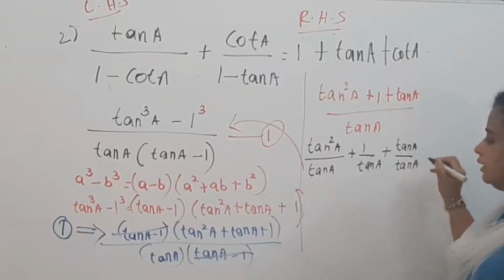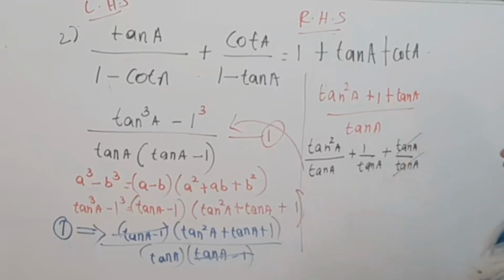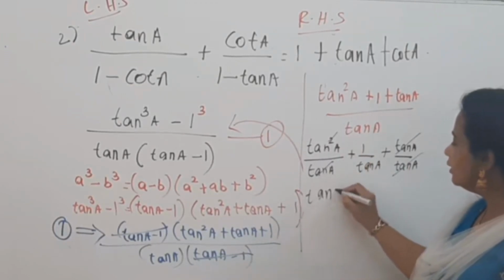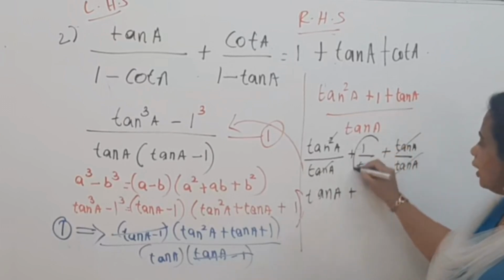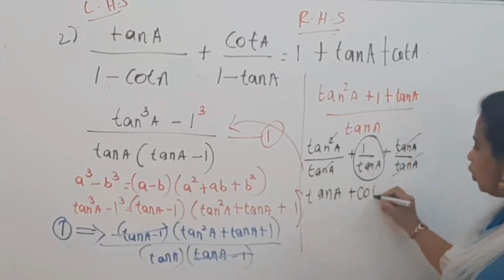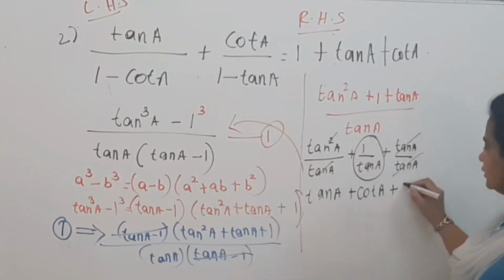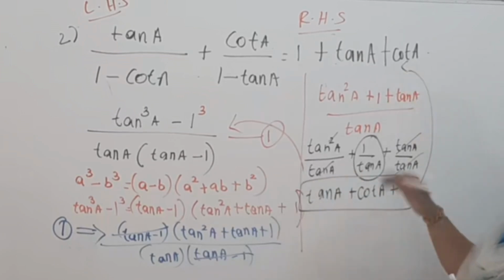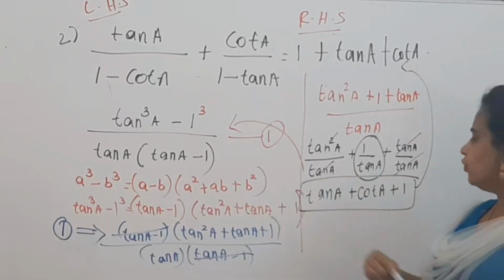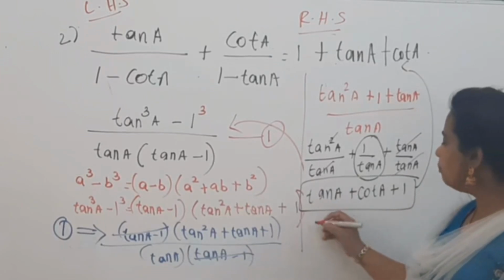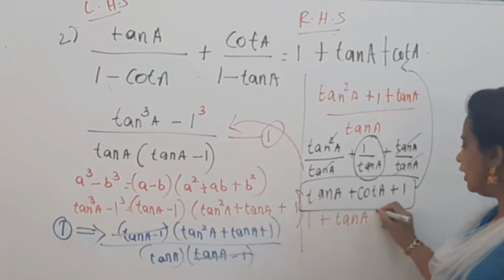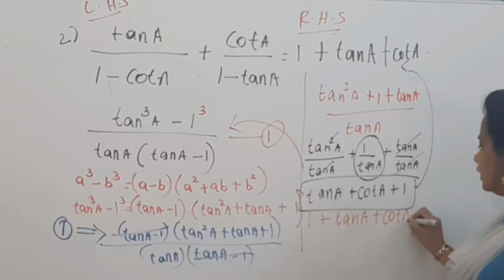Hope you get the point here. This gets cancelled. This gets cancelled. So I have tan a plus, 1 by tan a is nothing but cot a, plus this becomes 1. You can see here the same thing, just the order is reversed. So I can have 1 plus tan a plus cot a, which is nothing but my RHS.